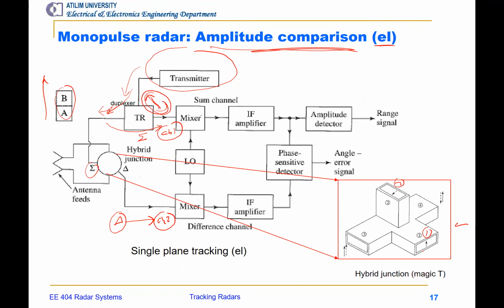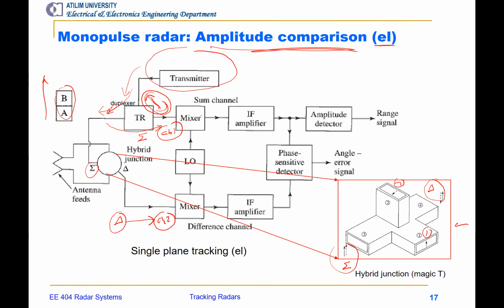So if we apply 2 signals from port 1 and 2, I get the sum signal in here and the difference signal in here. Or if I apply a different signal here, then I will get 2 such signals at these outputs. So in that way, we can use this hybrid junction, just like a duplexer, for transmit and receive operation for the sum channel.